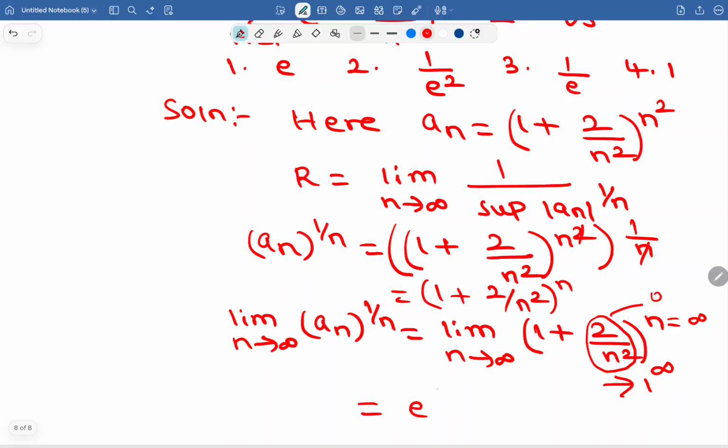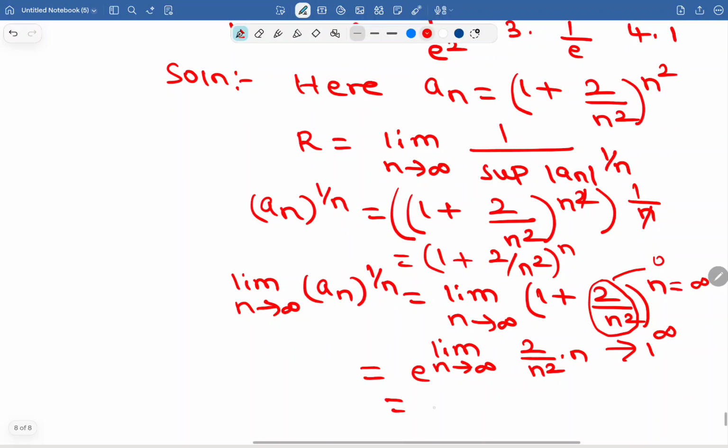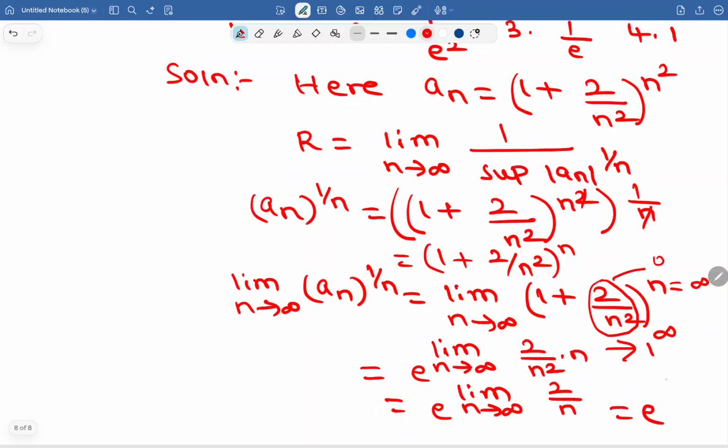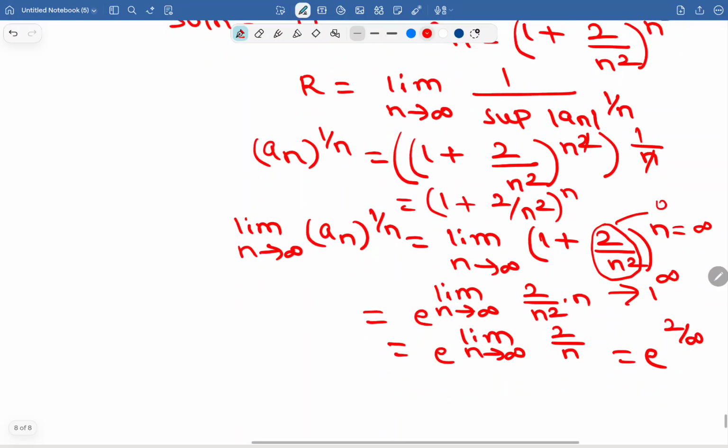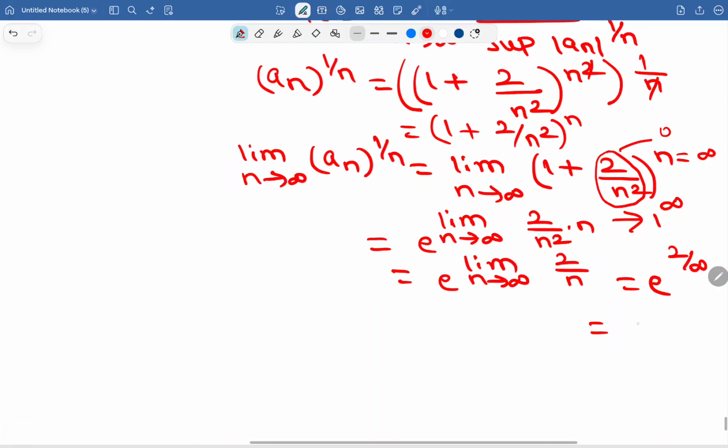If it is of the form 1 power infinity, we may write like this: e power limit n tends to infinity 2 by n square into n, which is equivalent to e power limit n tends to infinity 2 by n, which is equivalent to e power 2 by infinity. 2 by infinity means e power 0.